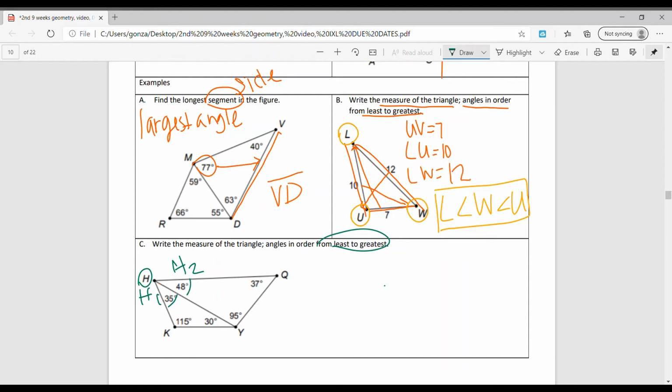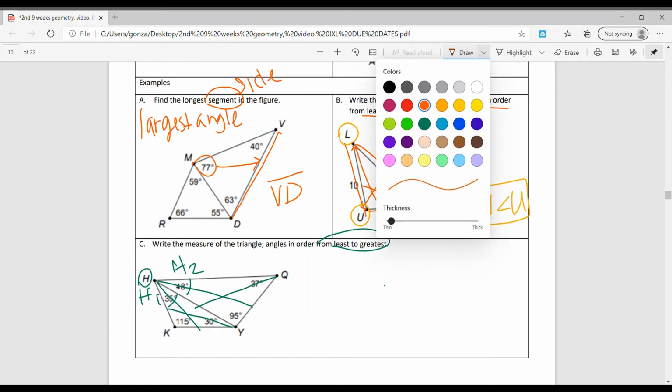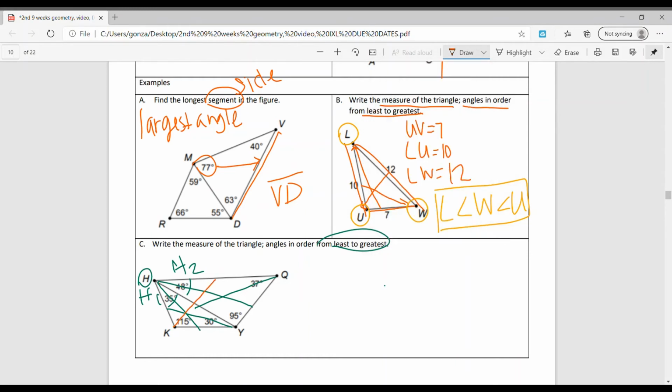I'm going to start with the smallest angle. So angle Y goes to HK, angle H1 goes to KY, angle Q goes to HY, and then angle H2 goes to QY, and angle K, which is the largest, and this is a very specific angle, goes to side HQ.